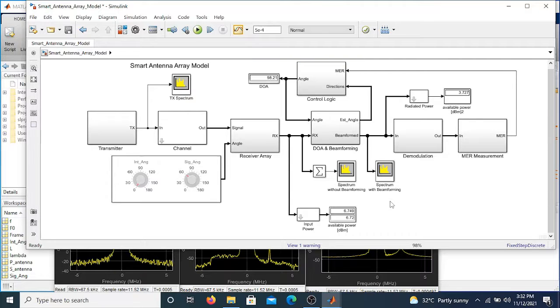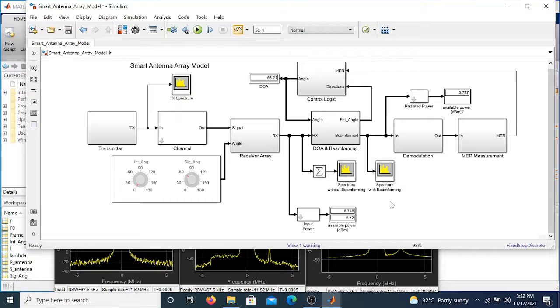We can also observe a change in the direction of arrival: we initiated our signal angle at 60 degrees, and the estimated direction of arrival was around 98.21. To obtain the radiation of the array, you take the ratio of the two angles, which is what you use to calculate the directivity of your antenna.